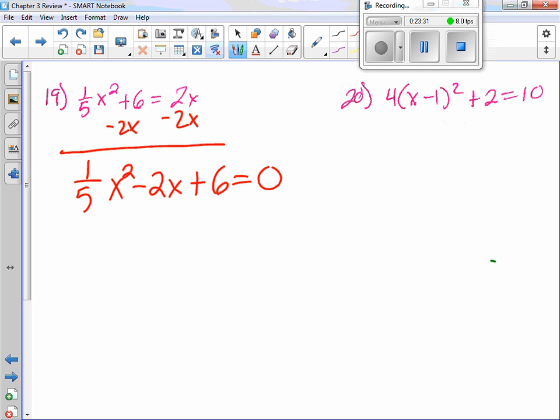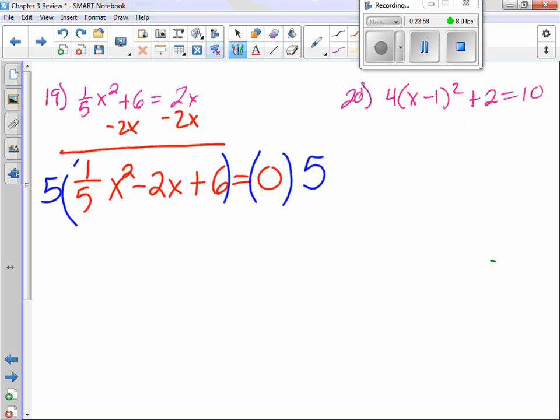What is going to make this one challenging is the 1/5, because if we try to plug this into the quadratic formula, we're going to have fractions on top and bottom. We'll actually have a fraction inside of a square root, which doesn't work well. If you take college algebra, they'll throw something like this at you or throw decimals at you.